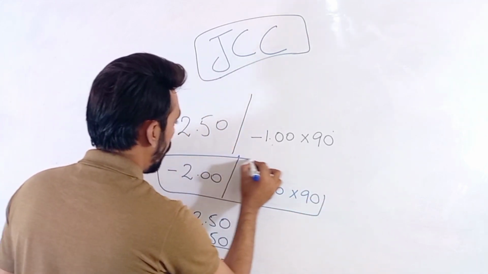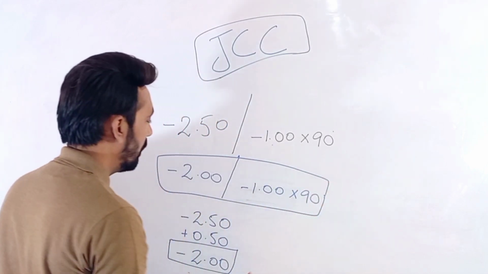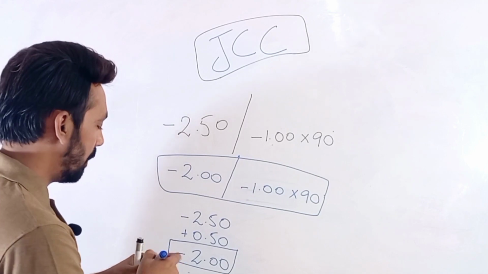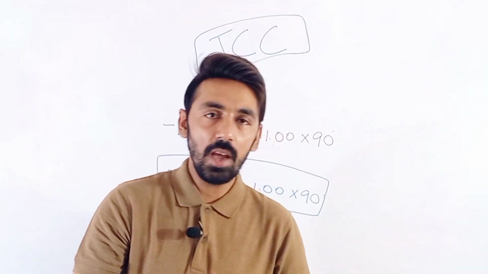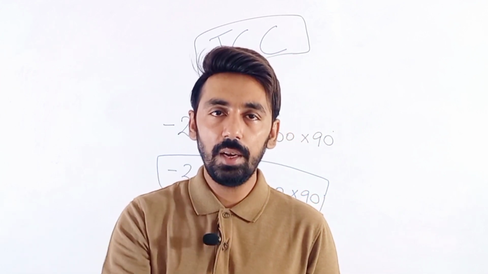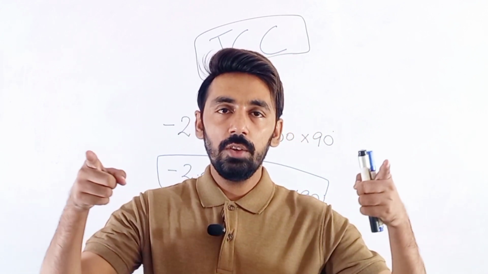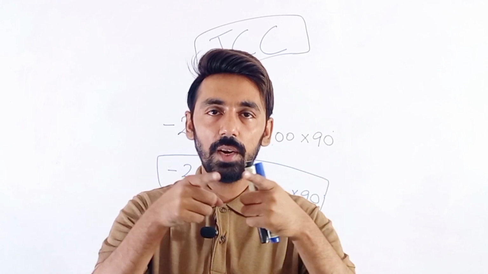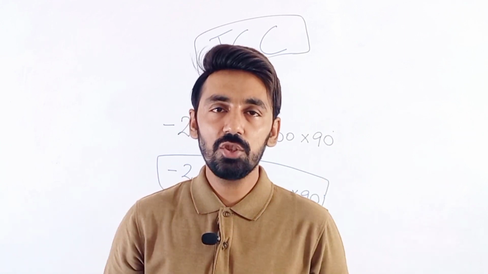So the question is why we are performing the spherical equivalent, why we are performing all these steps in Jackson cross cylinder. The reason is we have to maintain the circle of least confusion on the retina. We have to drag the interval of Sturm on the retina. We have to maintain the Sturm's conoid.